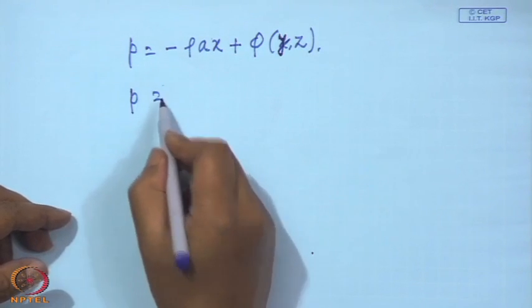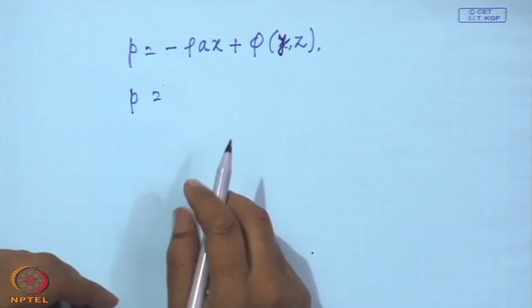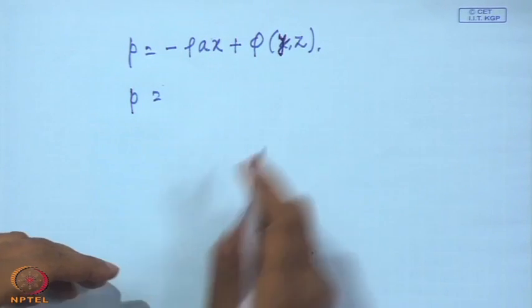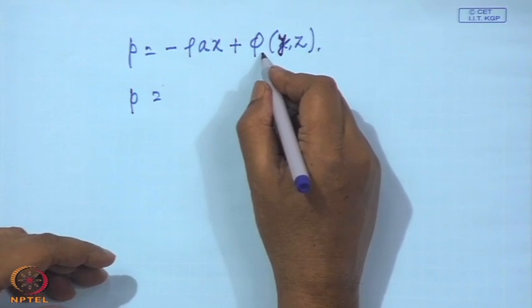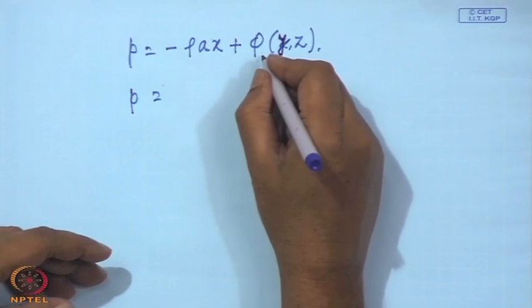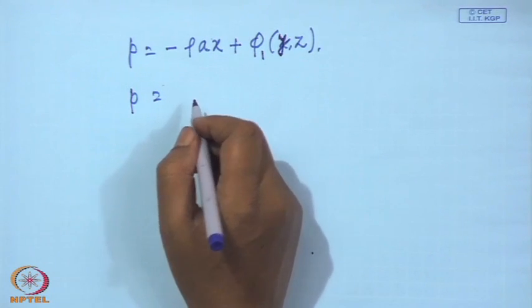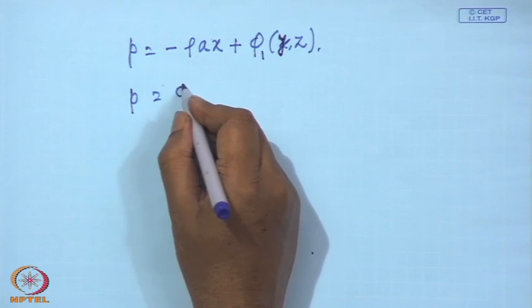The second equation gives p equal to another function. If we want, we can denote these as phi 1, phi 2. So the first function let it be phi 1, and the second function in this case is simply phi 2 x z.